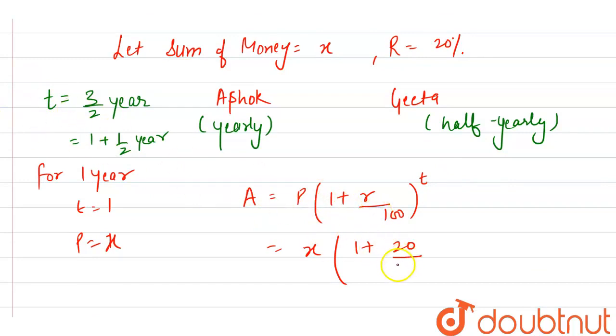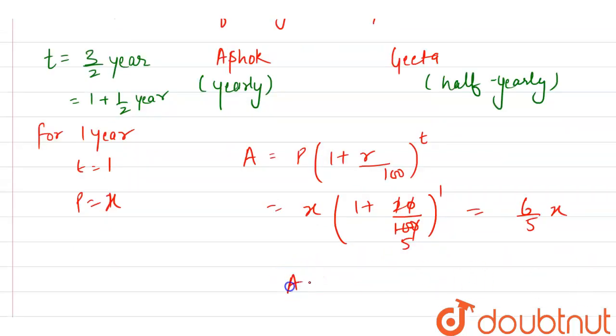So it is 20 by 100 whole raised to power 1, as the time here is 1 year. Now this 0 gets cancelled with this 0, and the 2 gets cancelled with the 100 to give 5. So we have the amount as 1 plus 5 by 5, that is 6 by 5. So the amount is 6 by 5 of X.